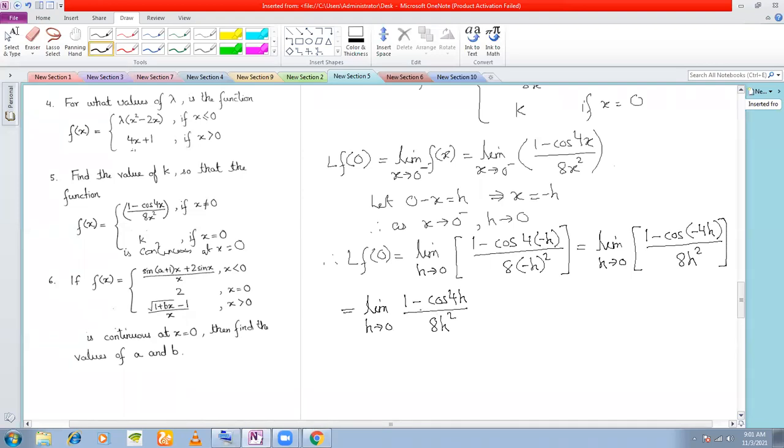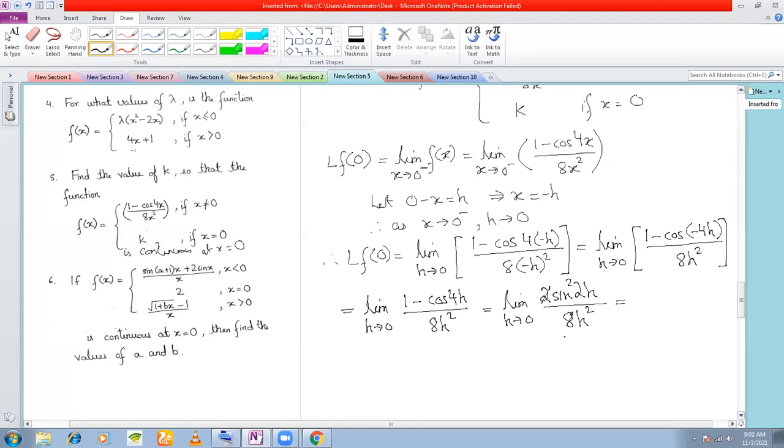So how do you evaluate this limit, limit h tends to 0? You are always welcome to evaluate the limit using L'Hospital rule also. You can always use L'Hospital rule, but I'm not using L'Hospital rule. So 1 minus cos 4h can be written as 2 sine square 2h divided by 8h square.